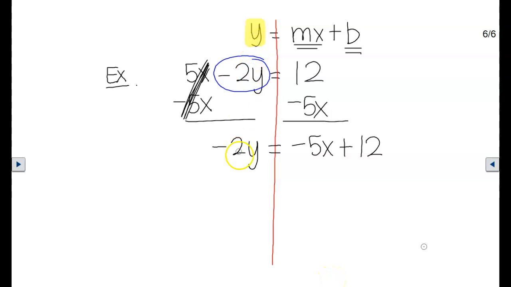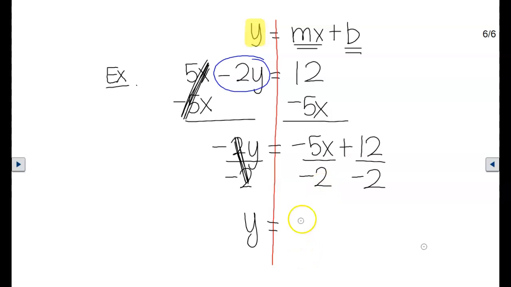Now, y still isn't by itself. I have negative 2y, so he's being multiplied by negative 2. So now to get rid of that, I'll do the opposite and divide everything by negative 2. So y equals, and now I need to do some simplifying.